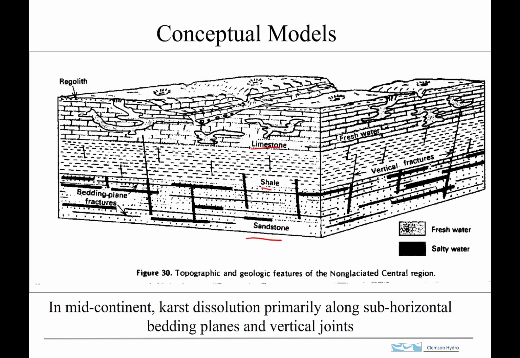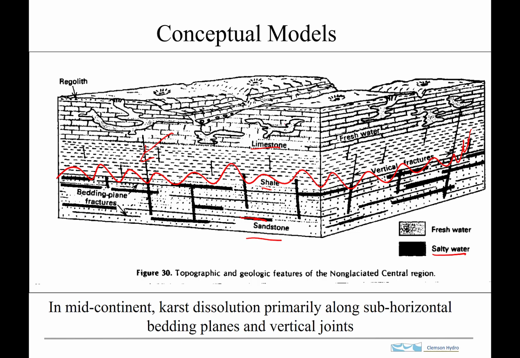So this assemblage of rock types will be quite common. The dark bands here are fractures filled with salty water, and they're overlain by fractures, like this one here, filled with fresh water. So we've got a zone right in here where above that we've got fresh water, and below that we've got salt water filling the pores.